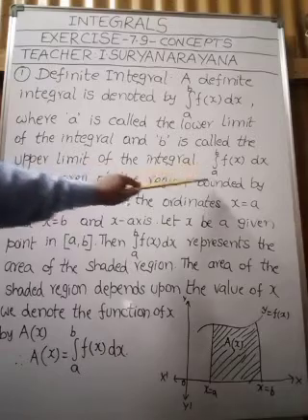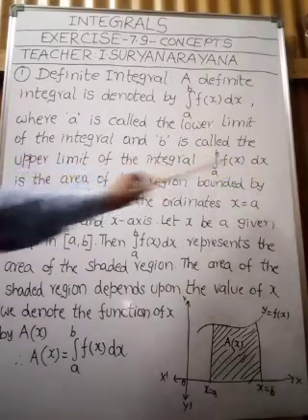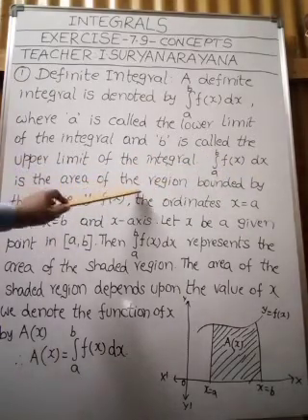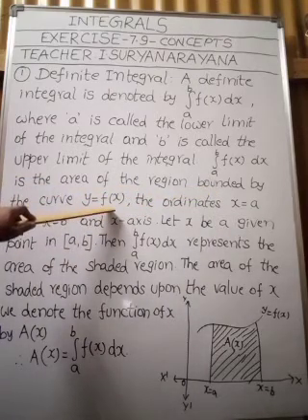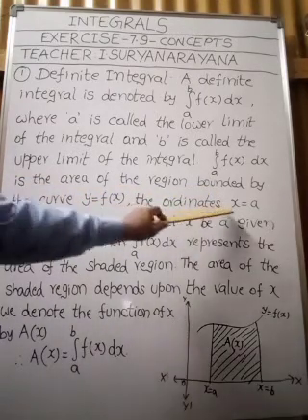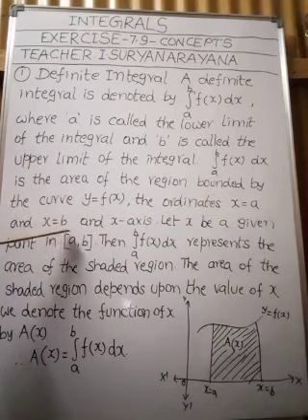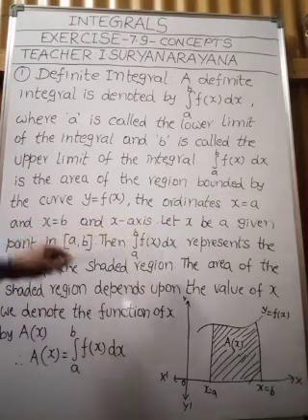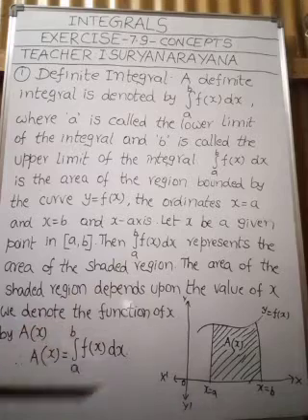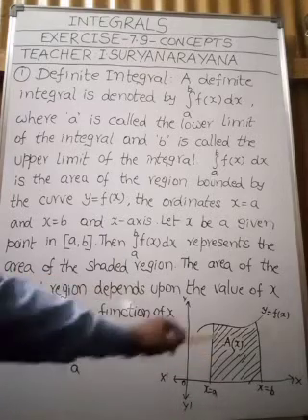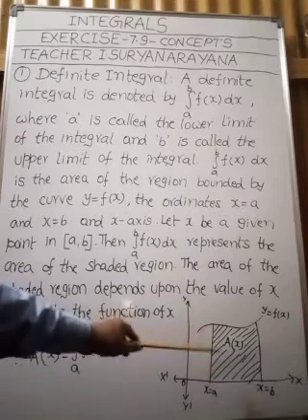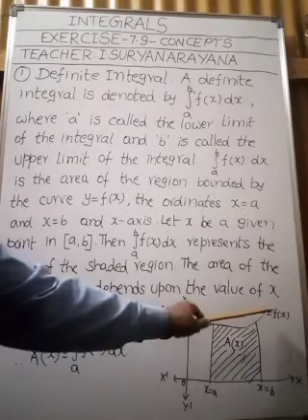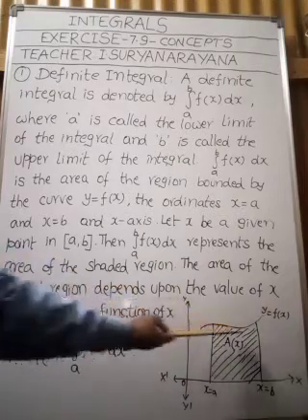Integral a to b f of x dx is the area of the region bounded by the curve y is equal to f of x, the ordinates x is equal to a and x is equal to b, and the x-axis. Please observe this figure, my children. In this coordinate axis, first quadrant, y is equal to f of x is the graph.